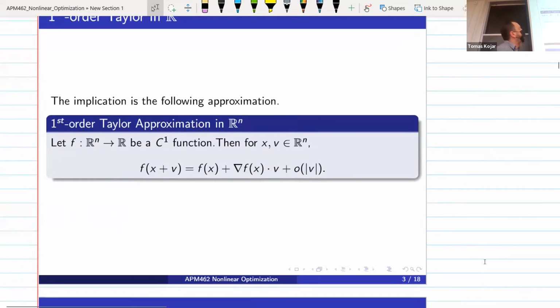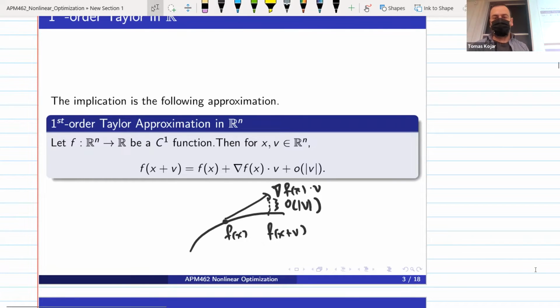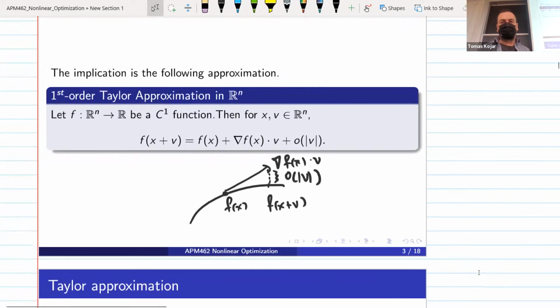Okay, so this is the picture I drew a minute ago, that you have f of x, and you have f of x plus v, and the gradient of f of x dot v is close, with error o of the norm of v. Okay, so that's how good your Taylor approximation is. All right, good. So let's prove it.